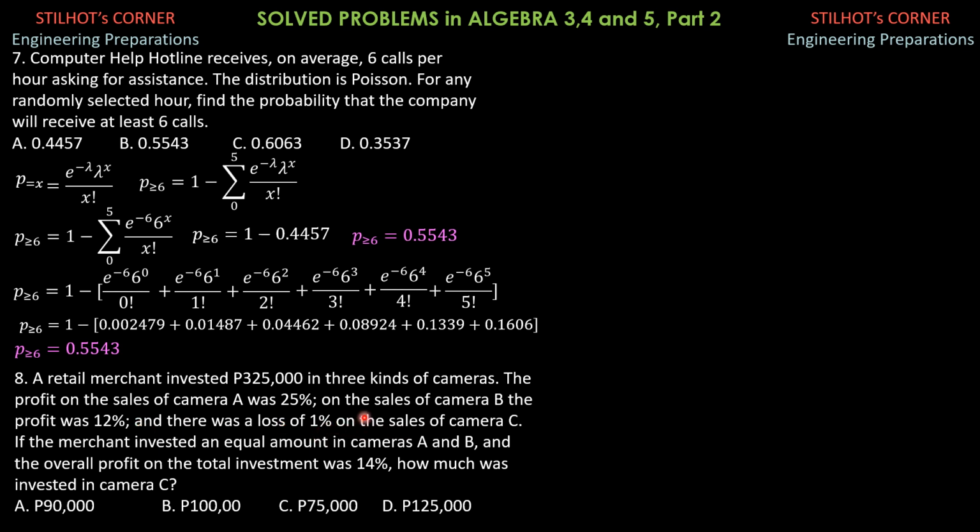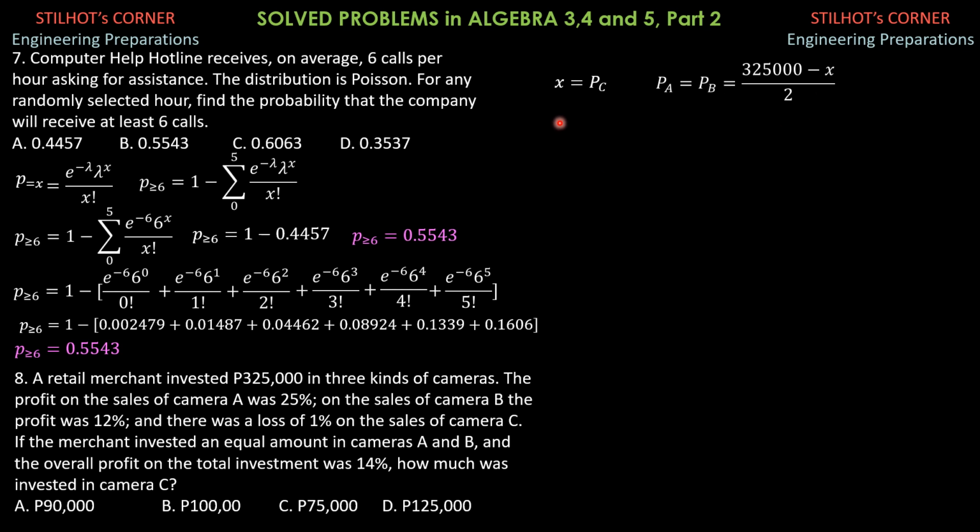So we will call X the principal, or the amount invested for camera C, P sub C as X. Therefore, the amount invested in A and B would be equal to each other, and it is equal to 325,000 minus X all over 2.